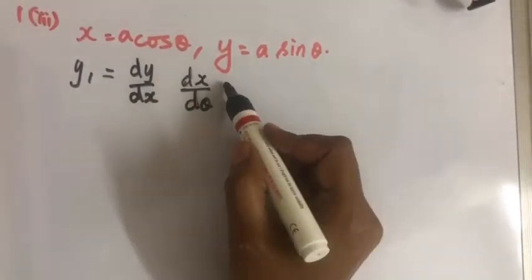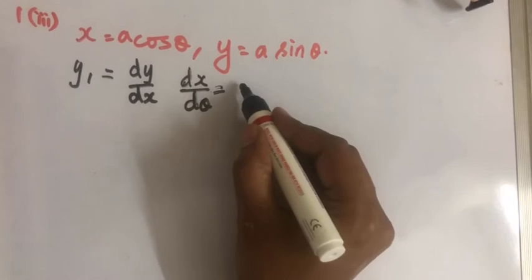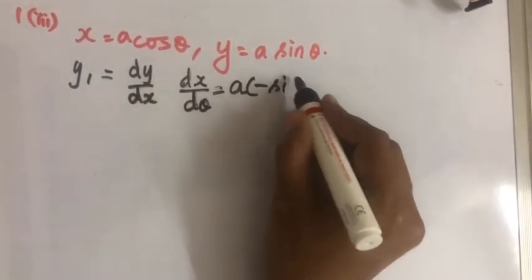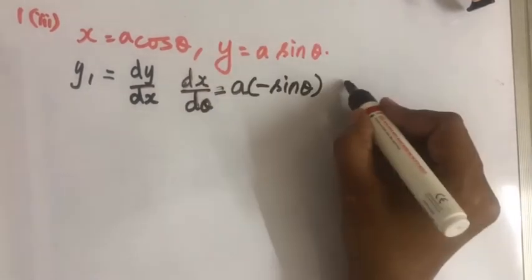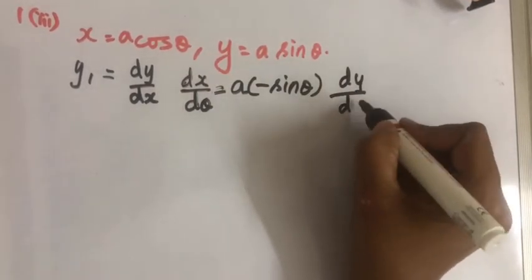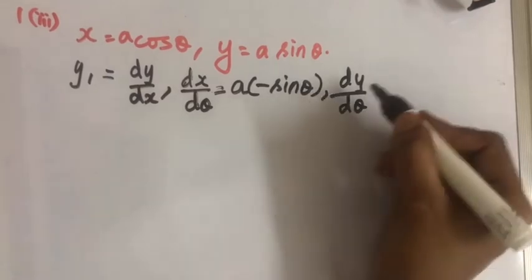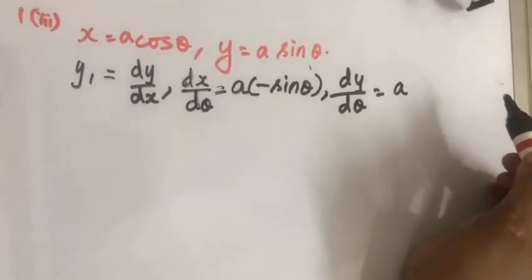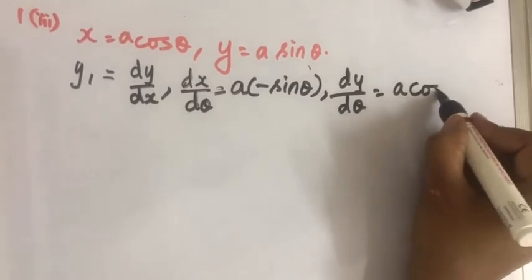So dx by d theta, that is a into, what is the differentiation of cos theta? It is minus sin theta. Similarly, dy by d theta we need to find. Okay, so dy by d theta is a into, what is the differentiation of sin theta? It is cos theta.